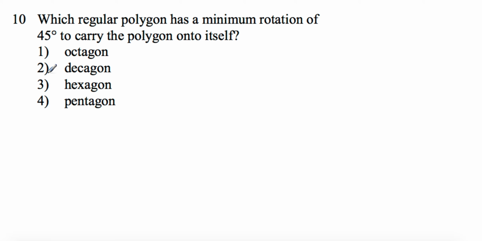Which regular polygon has a minimum rotation of 45 degrees? That means if whatever the polygon would have been, this is a part of the polygon where I'm going to have some sort of number of sides on the other side. That angle is 45 degrees from here to here.